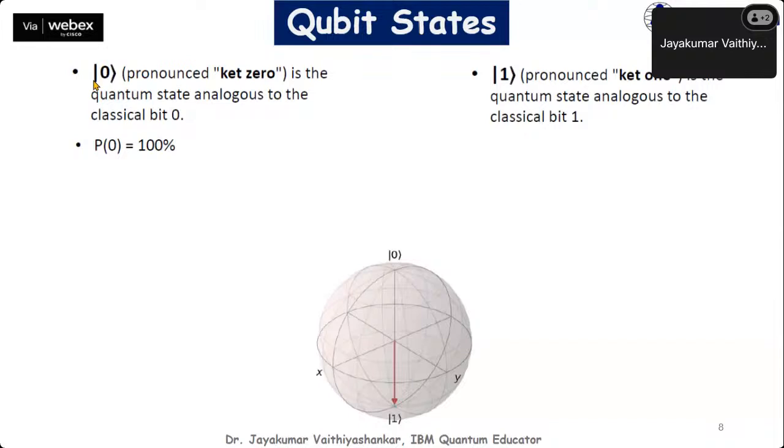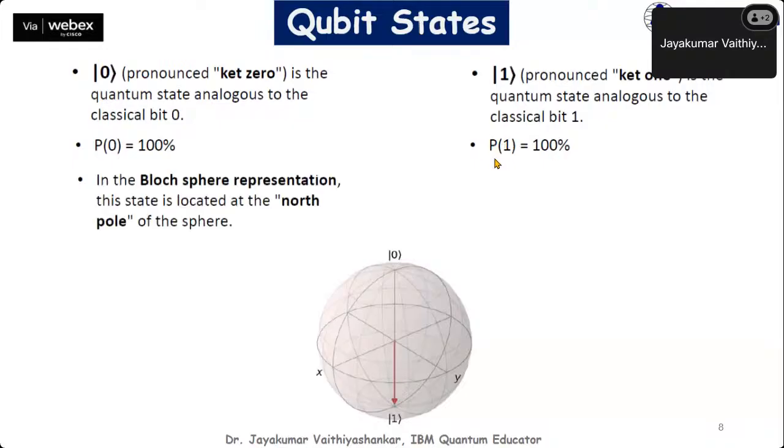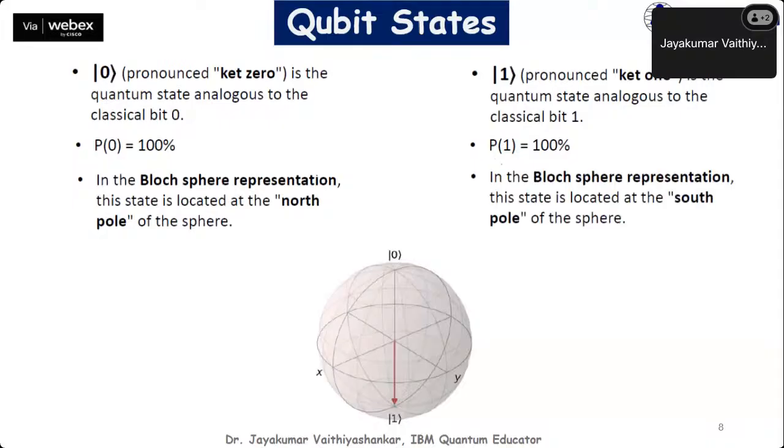So when you do measurement, what happens? The probability of 0 will become 100%. In the case of |1>, if you are doing measurement, what is the probability? The probability of getting value 1 is 100%. On the Bloch sphere, state 0 is pointing to the North Pole, and state 1 is pointing to the South Pole.